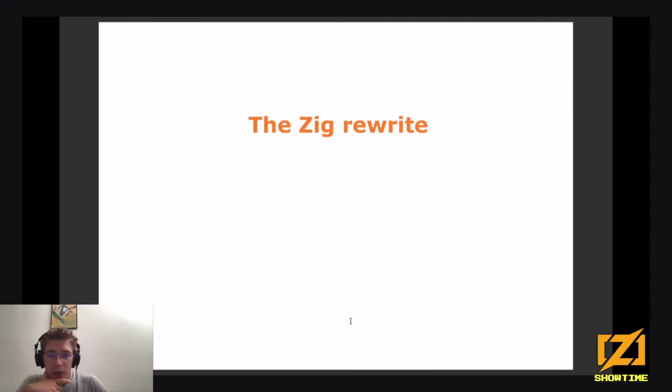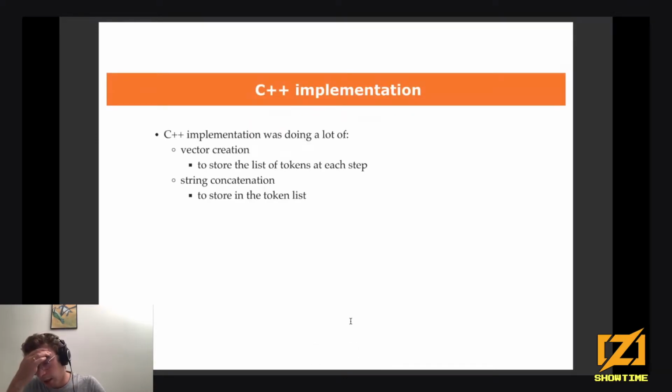Okay, now I'm going to move on to what I did to rewrite it in Zig. First, there were some issues with the C++ implementation. It was pretty idiomatic, but it made easy use of the standard library, vectors, appending to vectors, and string concatenation.